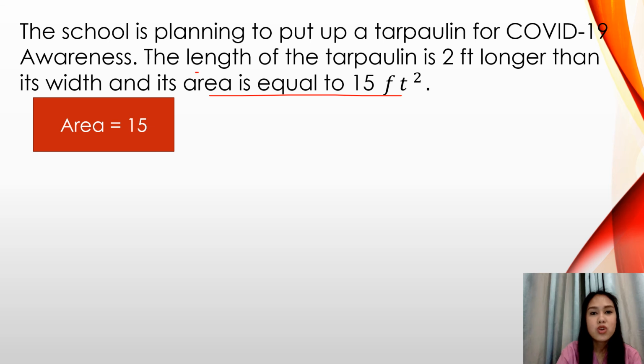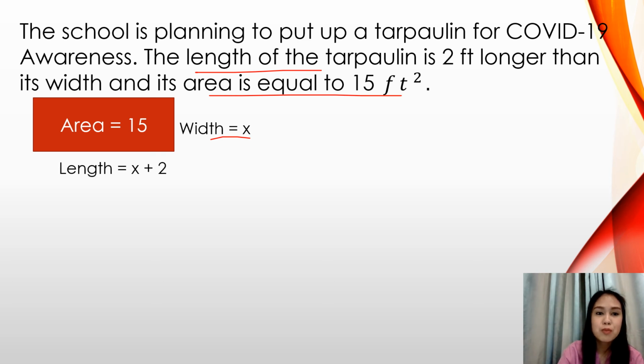Now, the length is also given, while the width is not stated in the problem, so we can use width as x. While for the measurement of the length, that would be x plus 2, because it says that it is 2 feet longer than its width.